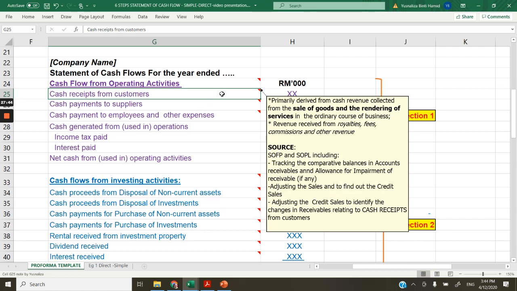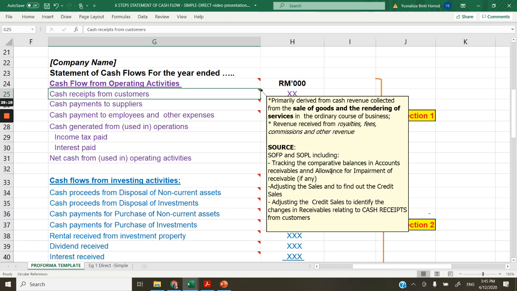And normally this is as a result of having allowed them to buy on credit, or you allow credit sales relating to them. What is the source to track this cash receipt, or what is being debited to the bank account and credited to the receivable? You can track them by comparing balances in accounts receivable, and if there is any allowance for impairment of that receivable, there's a typo there, can you just remove that 'end' there?